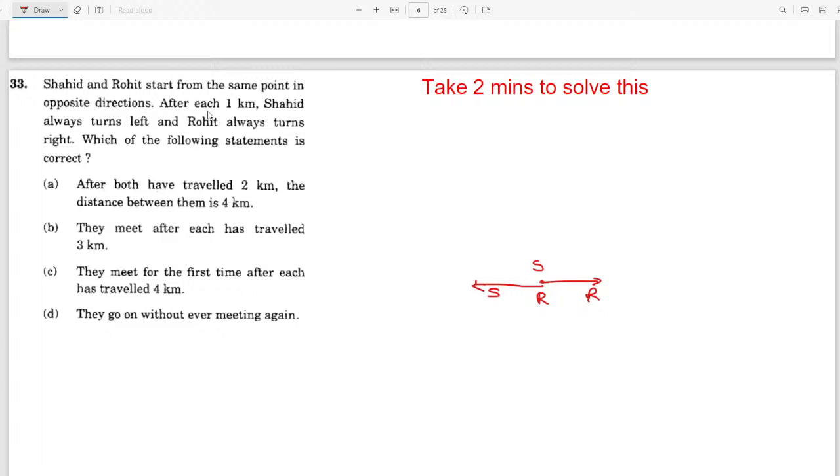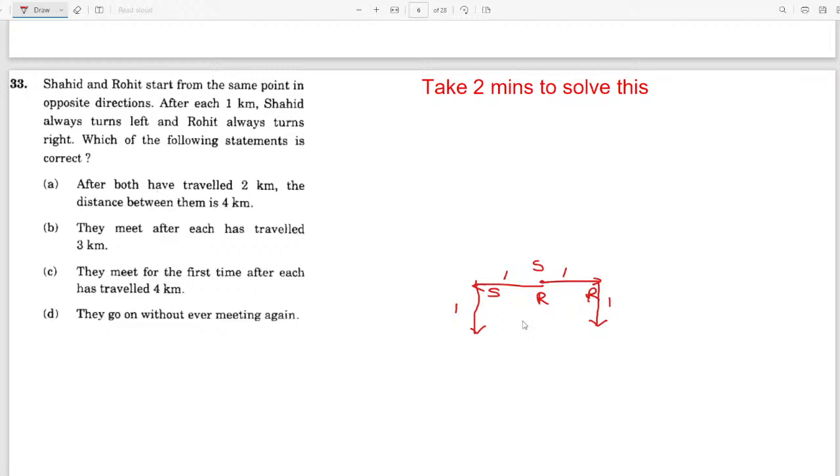And then they're saying after each 1 kilometer, Shahid always turns left. So Shahid here is taking a left. Let this be 1 kilometer, so he will take a left turn. This is 1 kilometer. And then they are saying Rohit always takes right. So this is how Rohit moves, and the right side of Rohit is this direction. And this is 1 kilometer.